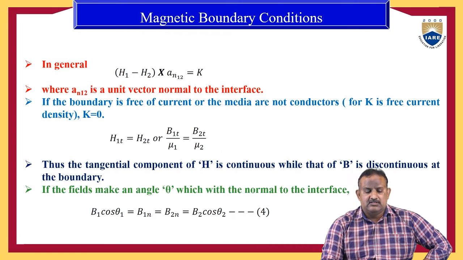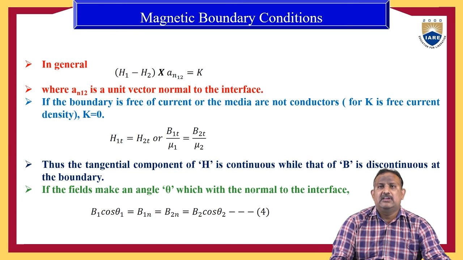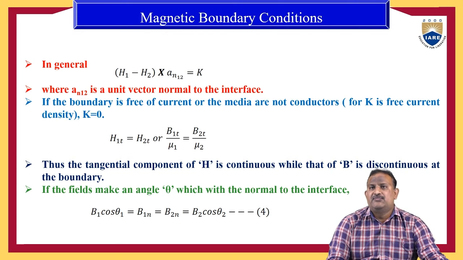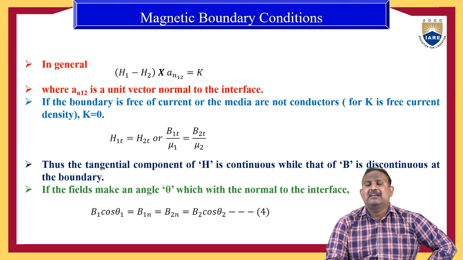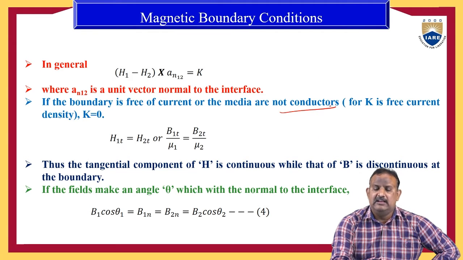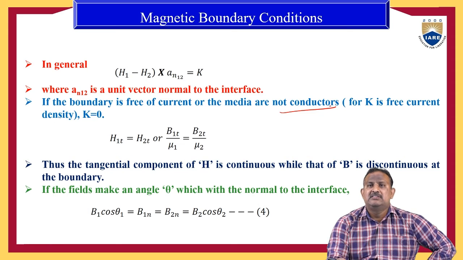So next, as a special case, we can assume the boundary is free of current, or the media are not conductors. If there is no conductor, we can assume the surface current density K is equal to 0.